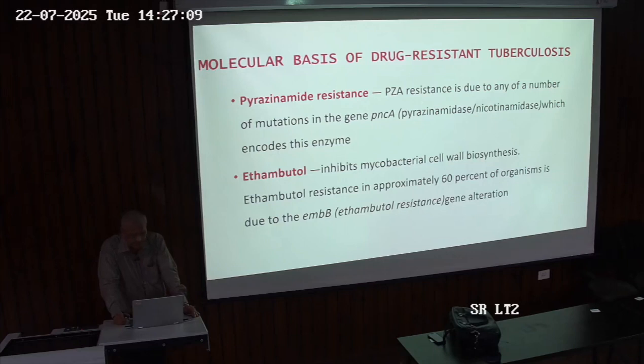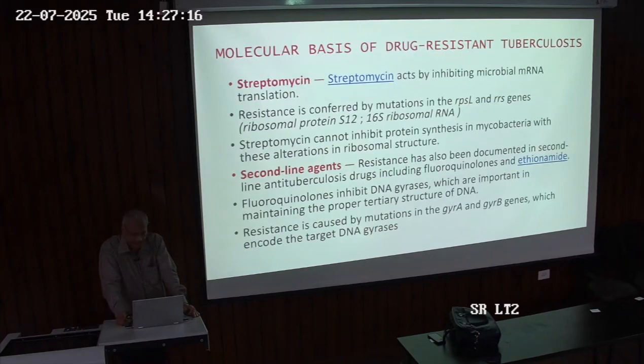Ethambutol, again the embB gene is responsible for ethambutol resistance, and again streptomycin, though it is not a primary drug for use these days, I told you in the 40s it was the first one to be used as a single agent and resistance was there. And of course, then second-line drugs are also now showing resistance, like ethionamide or quinolones.